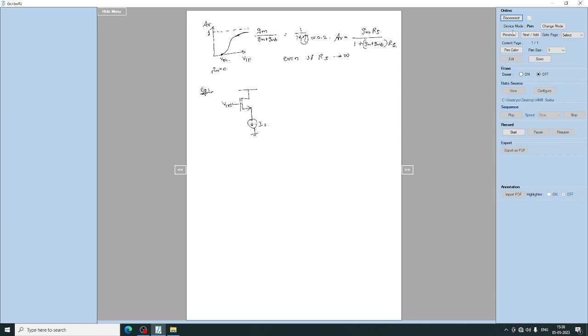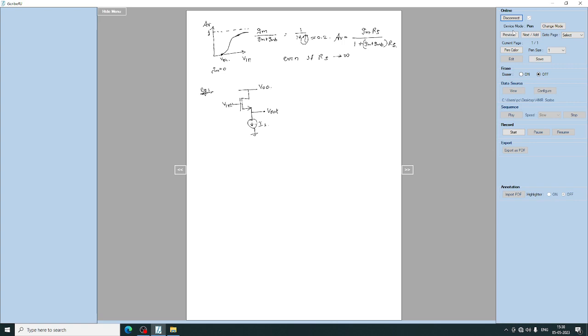Eventually we are making RS infinite, which is kind of an ideal current source. Here this is Vout and this is VDD.